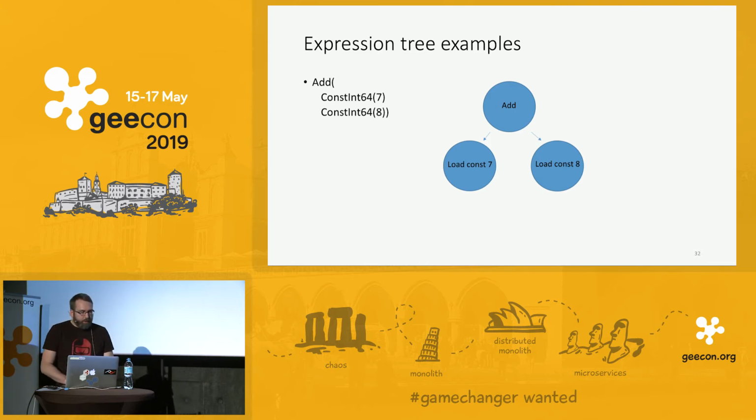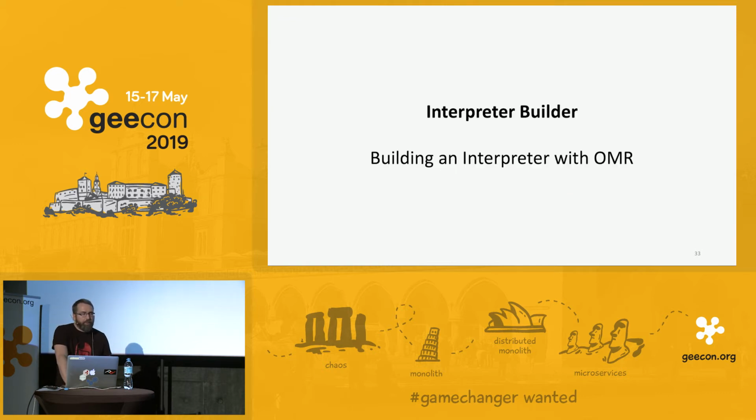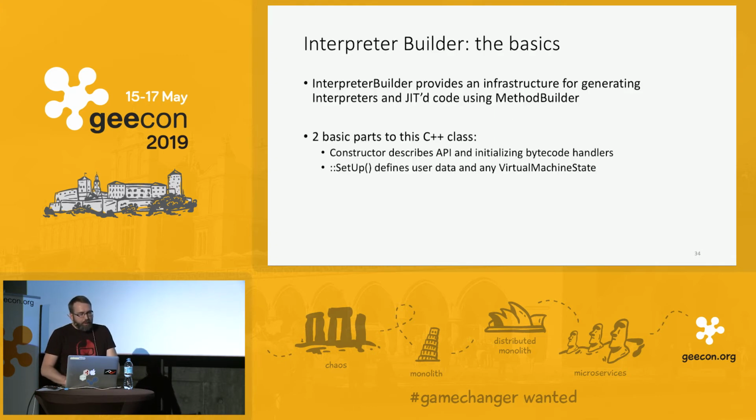All right, so that's the quick overview of JitBuilder. Interpreter Builder is something I prototyped myself because I saw a need to build interpreters with JITs quickly, so we'll go through it very quickly here. It provides an infrastructure for generating an interpreter and a JIT from the same code. That was the goal I wanted to reach, because in a lot of places, the code in your interpreter and your JIT is very similar.